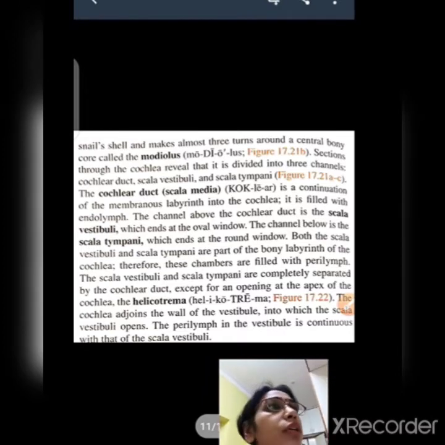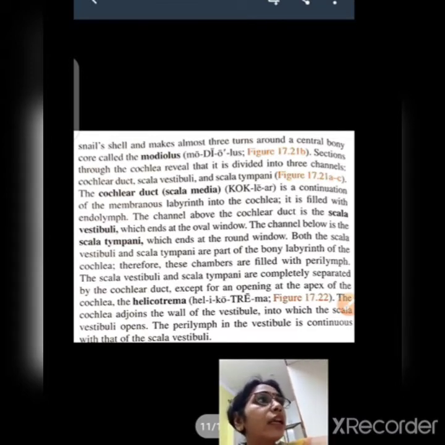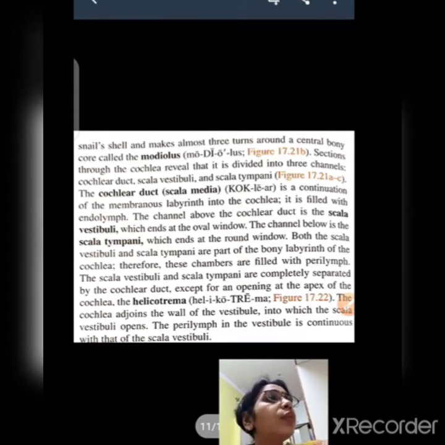Sections through the cochlea reveal that it is divided into 3 channels: cochlear duct, scala vestibuli, and scala tympani. The cochlear duct, the scala media, is a continuation of the membranous labyrinth into the cochlea, and it is filled with endolymph.